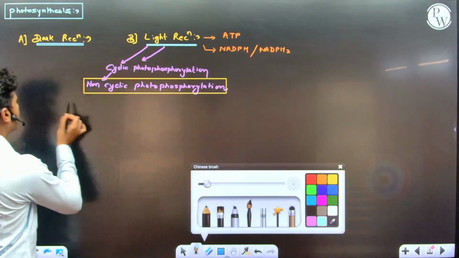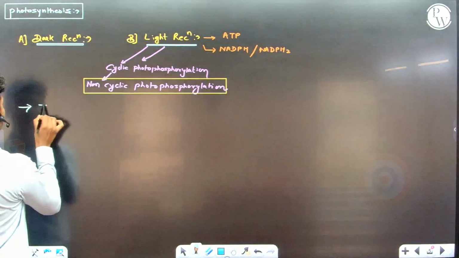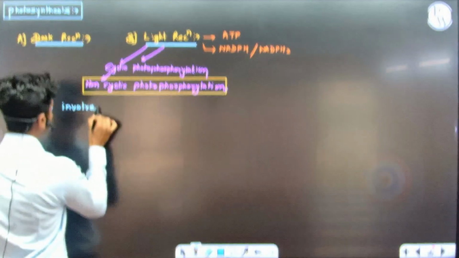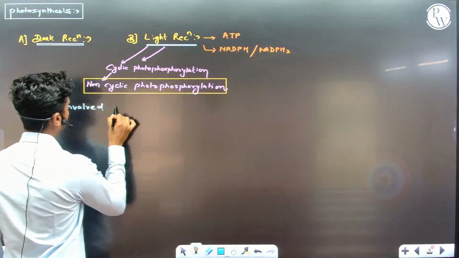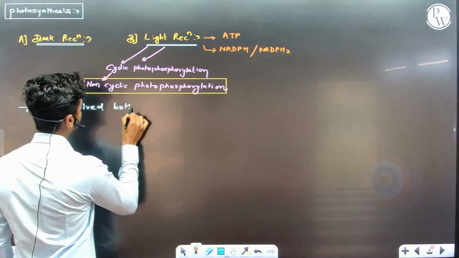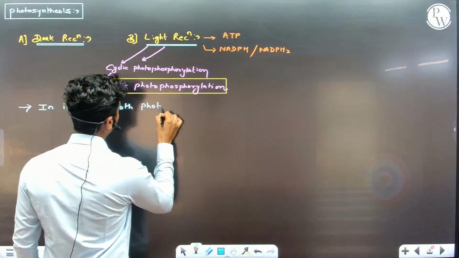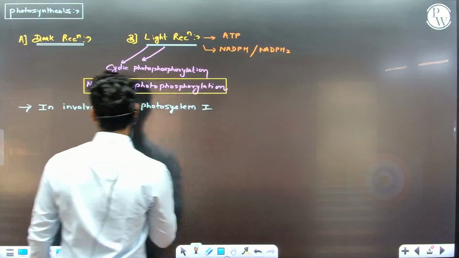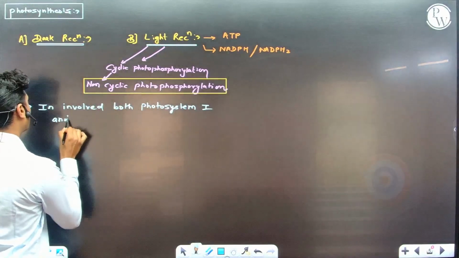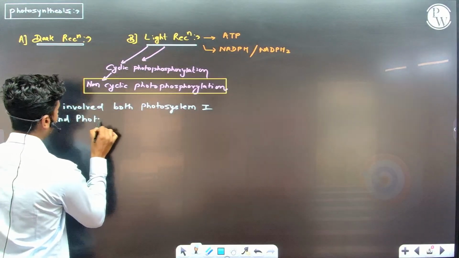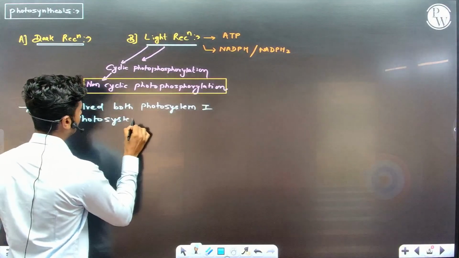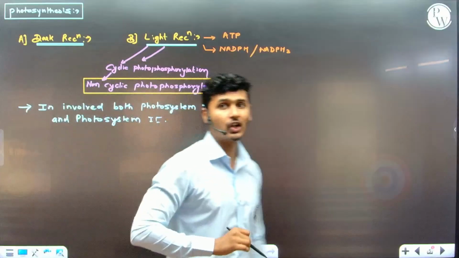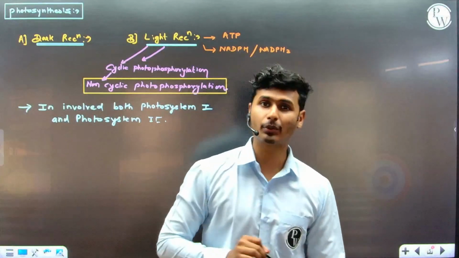Non-cyclic photophosphorylation, first point, it involves both photosystem 1 and photosystem 2. What I am saying, non-cyclic photophosphorylation involves photosystem 1 as well as photosystem 2.